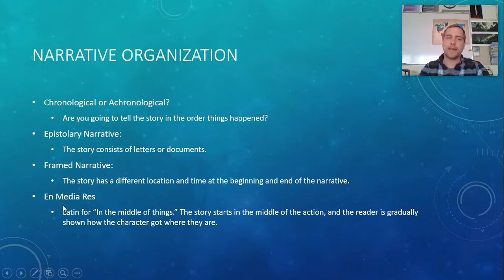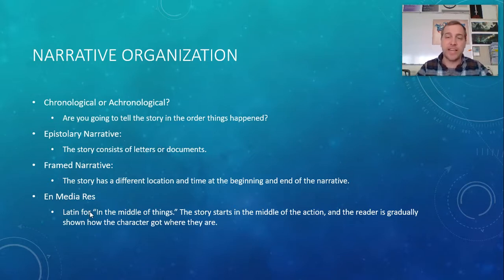And then the last thing you may consider is you may start your story in media res, which is Latin for just in the middle of things. And so you've seen this. The story starts and you get no introduction to the characters, no introduction to the setting, something is happening. You're like, what is happening? What's going on? You're right in the middle of the action. And so the story starts in the best part of the action.